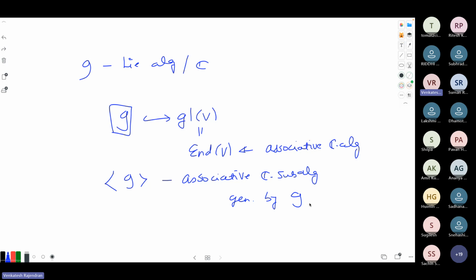In some sense, that is your enveloping algebra. Not in some sense, that is actually your enveloping algebra. Why are you interested in such an algebra? You are interested in understanding the Lie algebra structure of g, and more or less that is reflected in this associative structure.